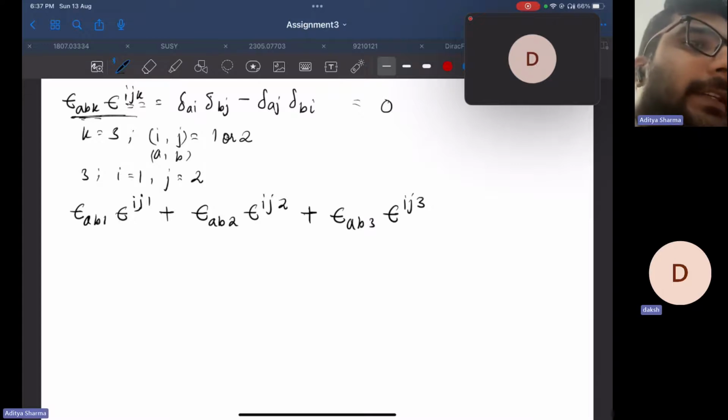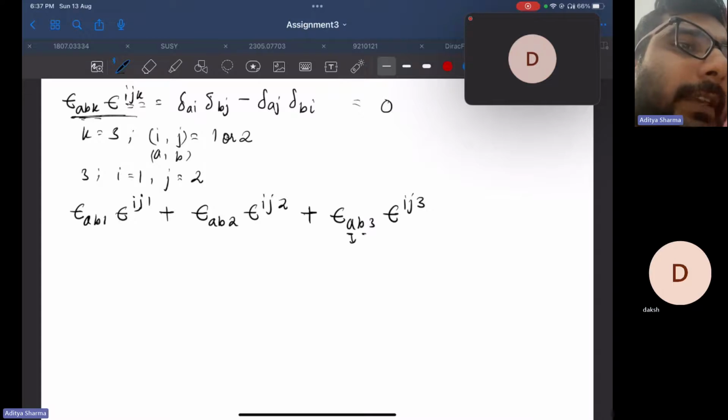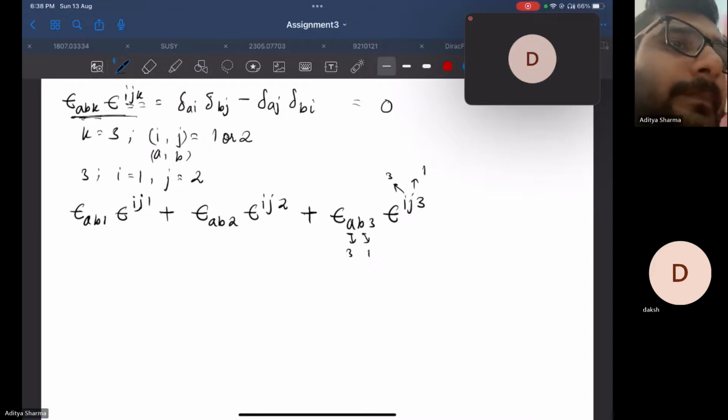Now if you take 3, 1, 3 here, so A and B are 3 and 1, and this is also 3 and 1.